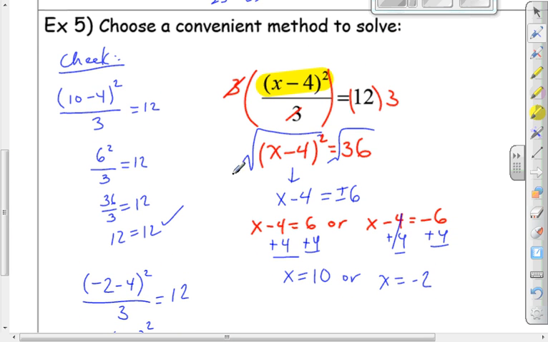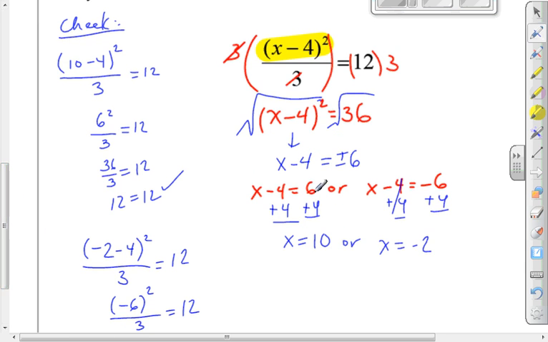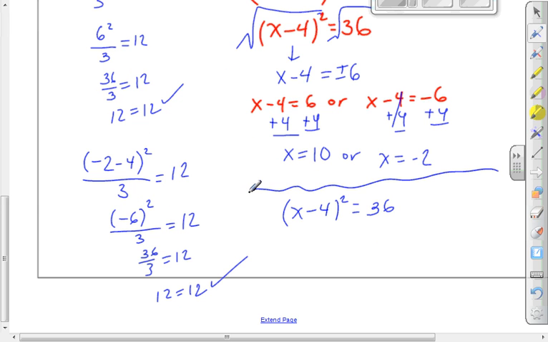Ultimately, if you're not comfortable yet with this idea of taking the square root, you can still go ahead and evaluate that expression. In other words, after we multiplied by 3, we were left with x minus 4 squared is equal to 36. You can still solve this one by factoring.